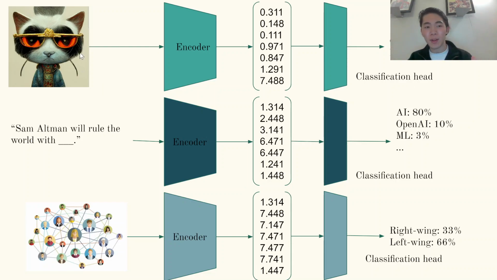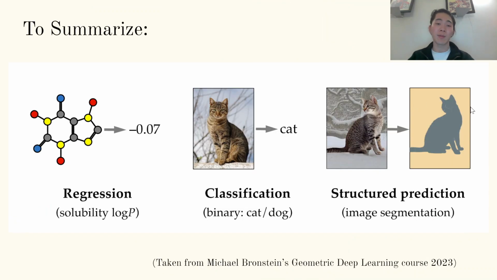And this is just the ending. Again, you would be able to train these types of models that can take whatever kind of data as an input, encode it into a vector, and then after attaching a classification head, it will be able to predict whatever you want in your output data.